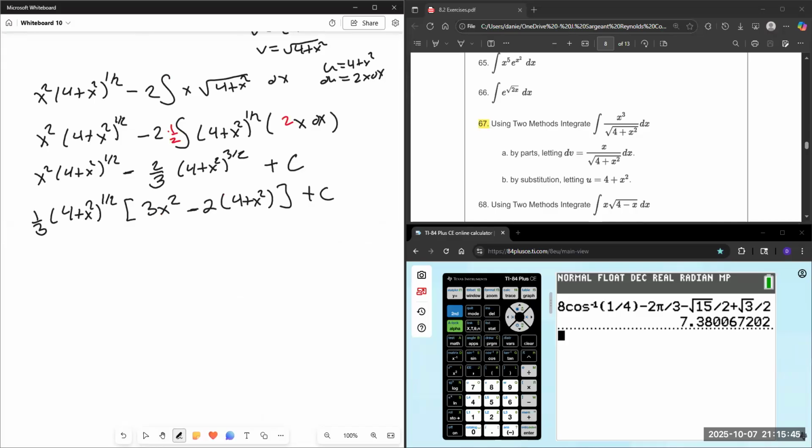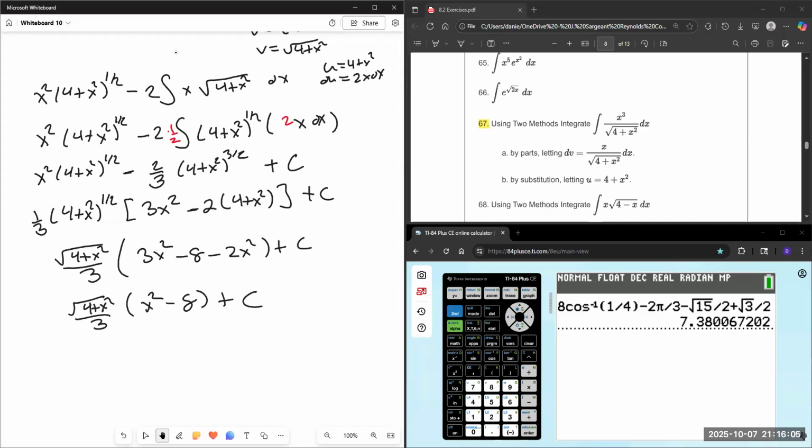That is root 4 plus x squared over 3 times 3x squared minus 8 minus 2x squared plus c, which is root 4 plus x squared over 3 times x squared minus 8 plus c.